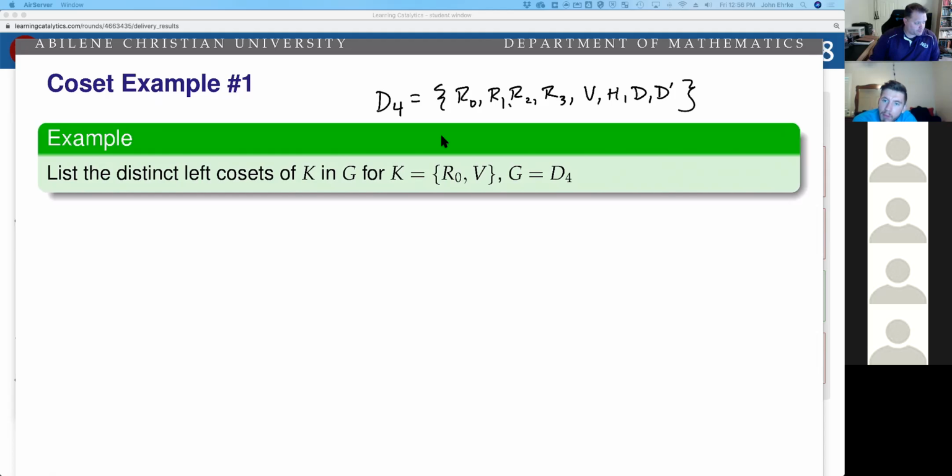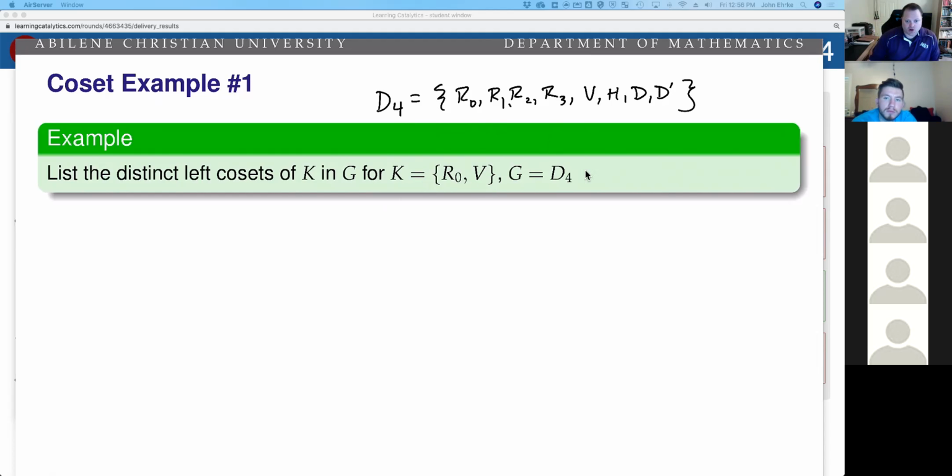So I have to look at what happens to this subgroup under left multiplication, or composition, as is the operation here, for every element in D4 against this one.